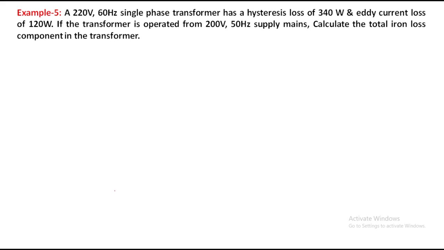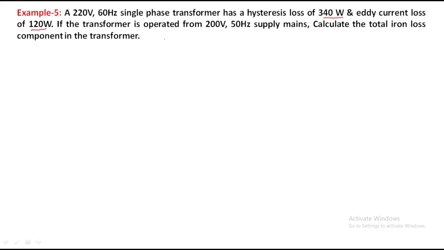Next problem, fifth one. What is the problem? A 220 volt 60 hertz single phase transformer has a hysteresis loss of 340 watts, right? 340 watts, and eddy current loss of 120 watts.